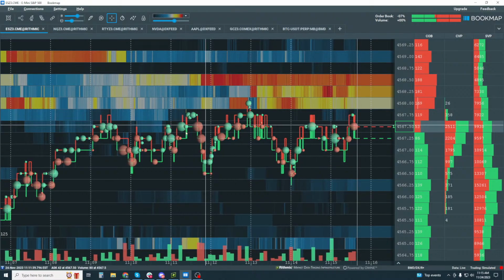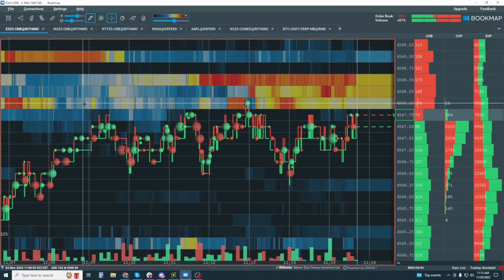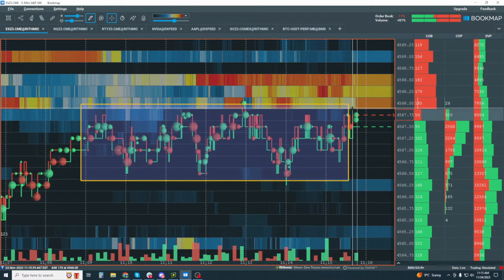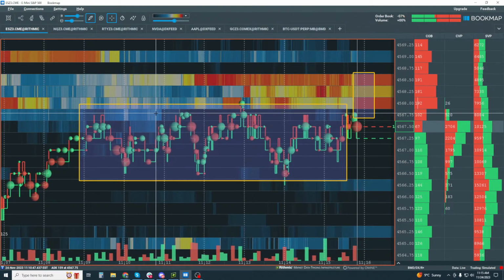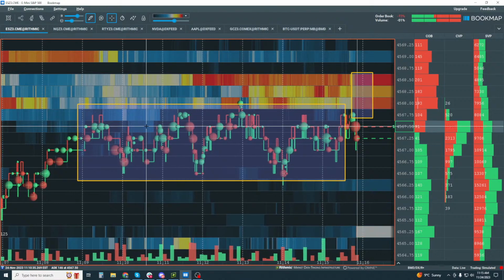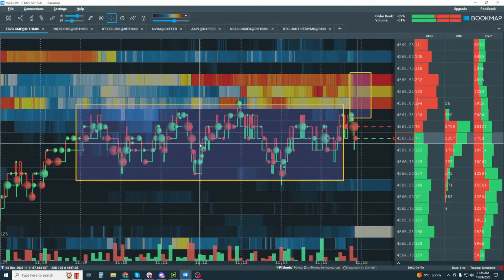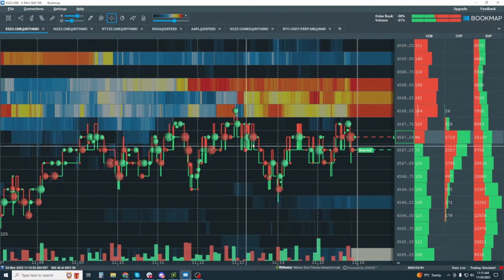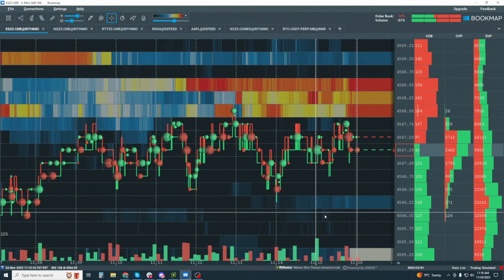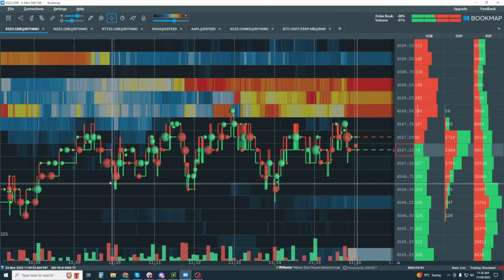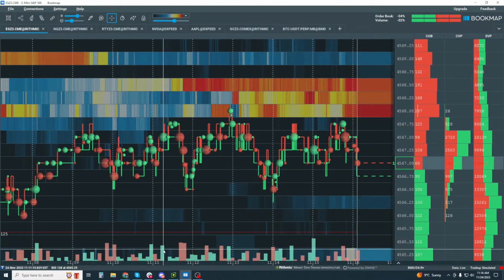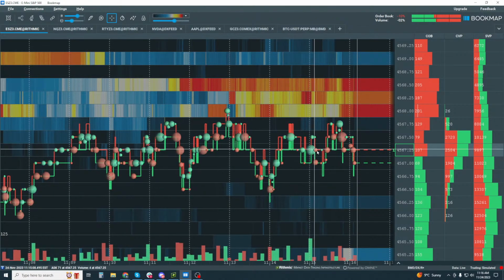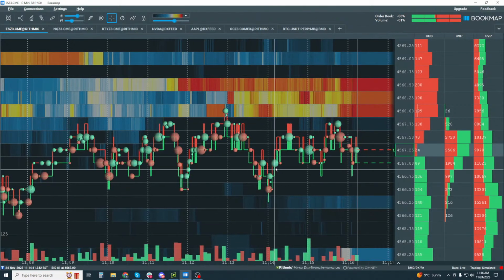Let's read the buyers and sellers in this auction and try to gain understanding, because actually I'm looking for buyers to trade into this level here. And here's why. Look at the buying and selling in here. We do see selling and we do see buying. But we keep coming back up here, and then we see quite a bit of buying in these little areas.